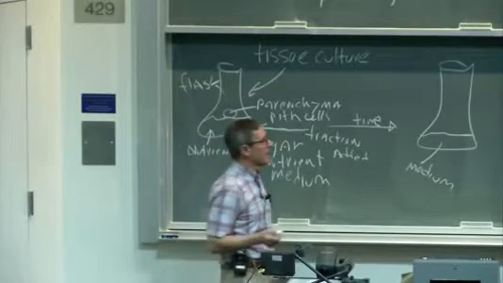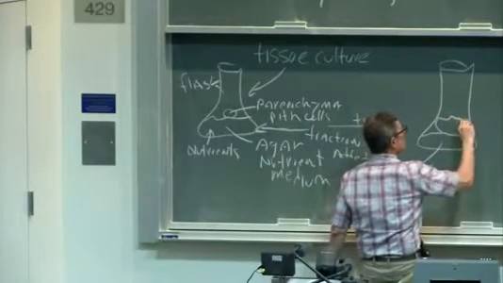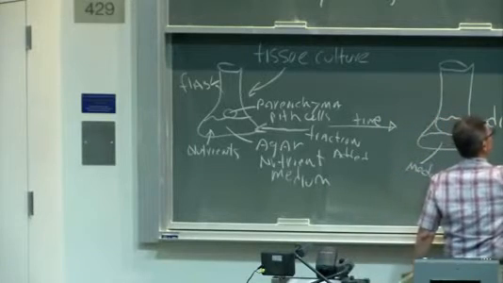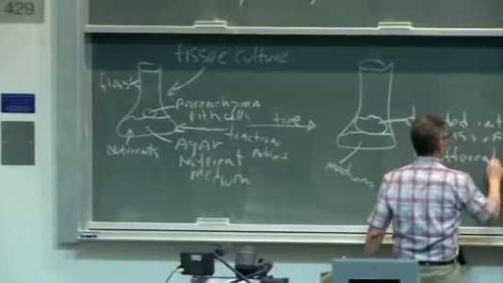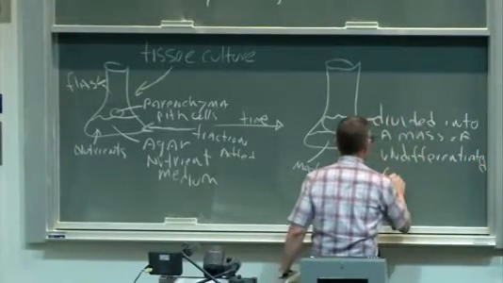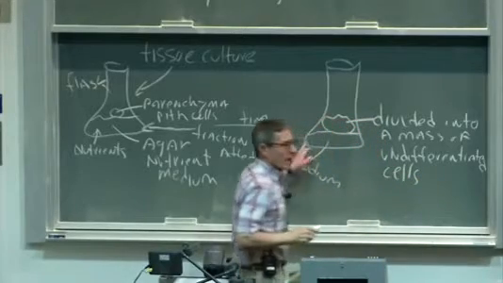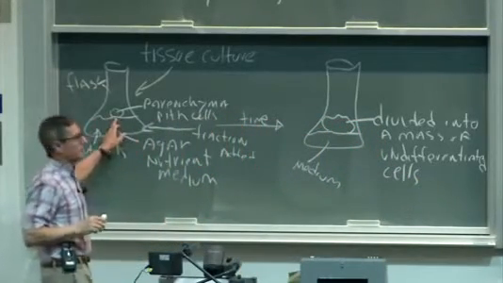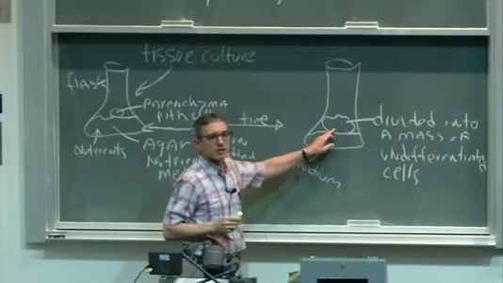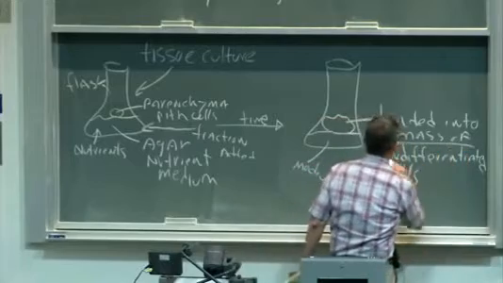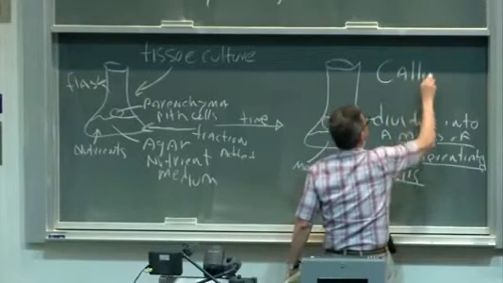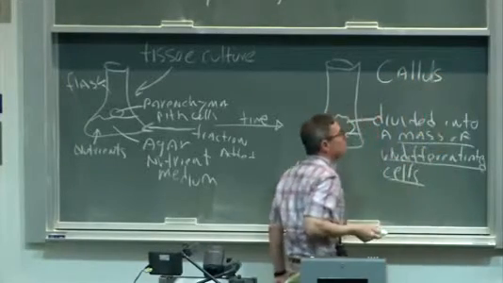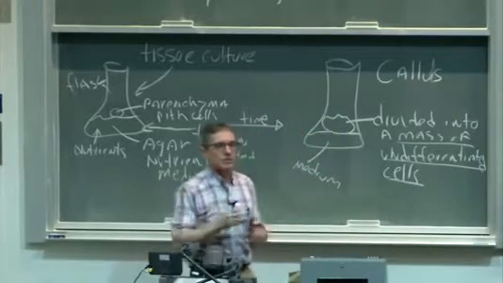What they found after some time was that the pith cells divided into a mass of undifferentiated cells. So that if you waited for some time, the original small explant of pith cells divided into a mass of undifferentiated cells. This term, mass of undifferentiated cells, plant biologists call a callus. So a callus is cells which are undifferentiated and which just divide.